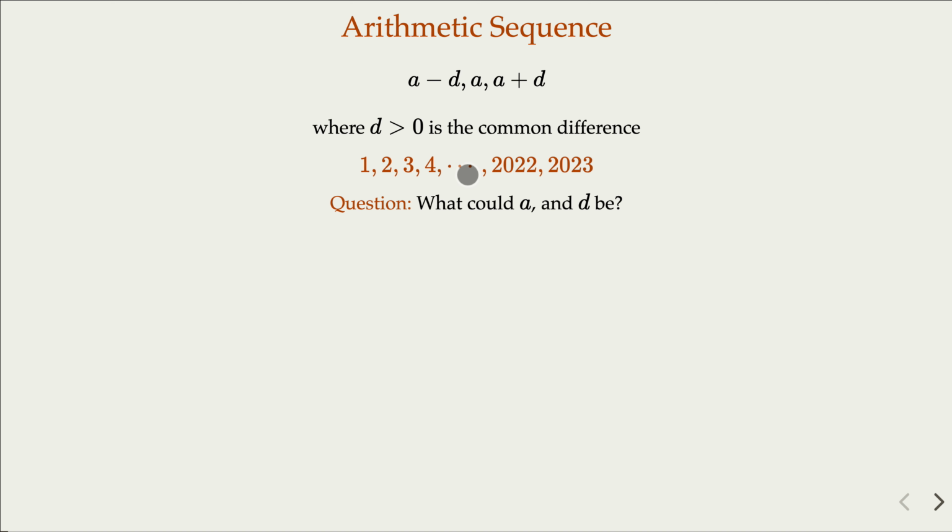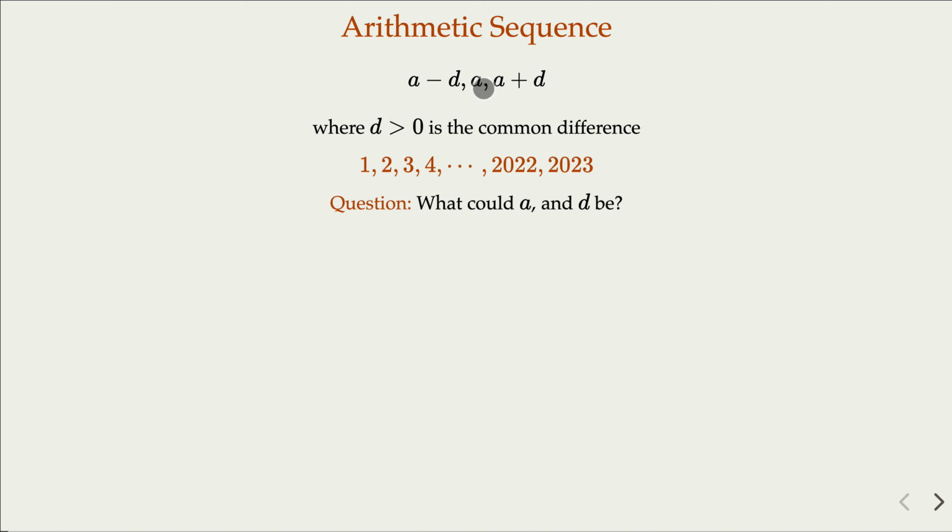You would imagine that if you want to make d as large as possible for 3 numbers, you're going to pick 1 and 2023 as both ends, and then the middle one would be the average of those two.